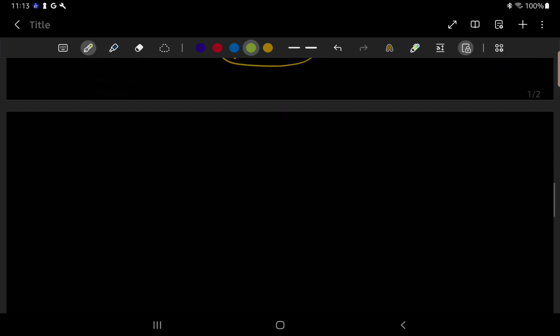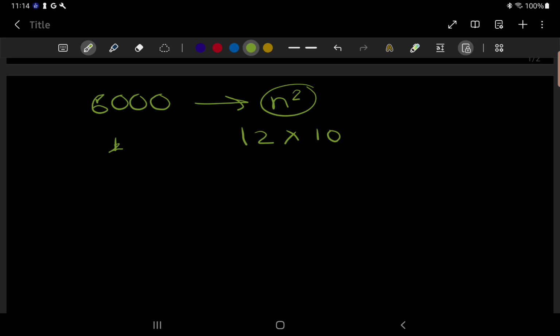So basically there are two things to this. Okay, so you must have noticed that since our limits are 6,000, we can easily do an n-square solution, right? It's going to be 12 into 10 to the power 6.